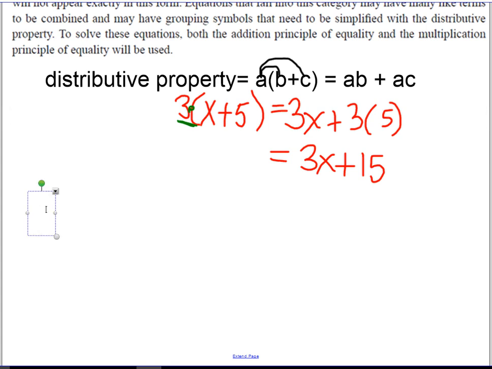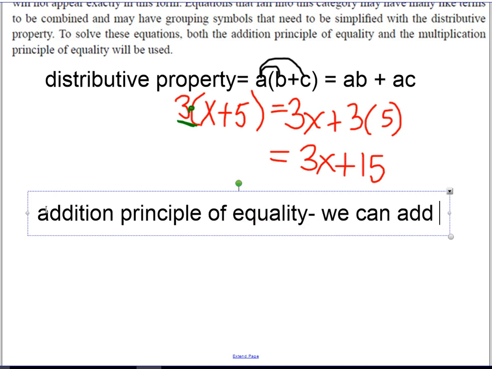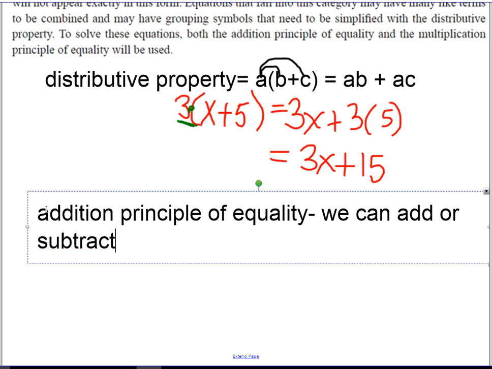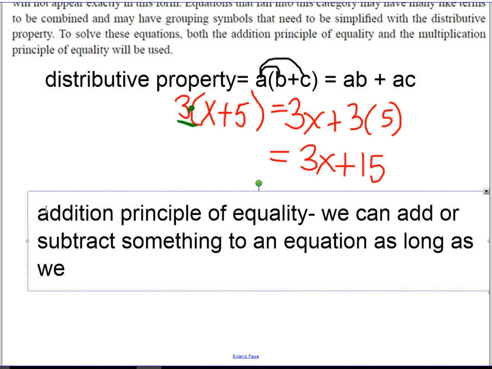And so the addition principle just basically tells us we can add, or adding the negative would be subtracting, something to an equation as long as we do the same to both sides.